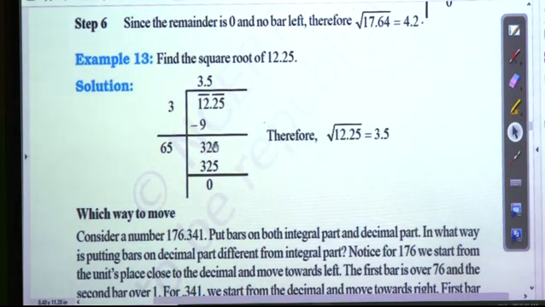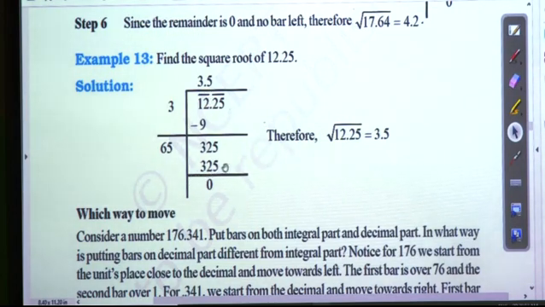Next number we are bringing down, but it is after the decimal point. So we are placing the decimal point in the quotient. Double the quotient is 6, and we want a suitable digit there. So we are finding for 61 1s, 62 2s, 63 3s, 64 4s, and 65 5s. 65 5s we are getting 325.